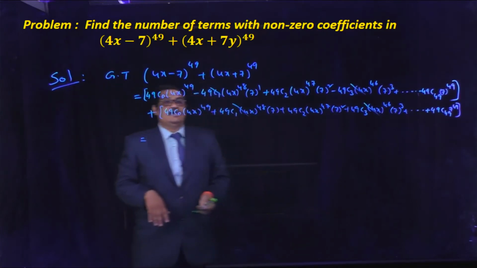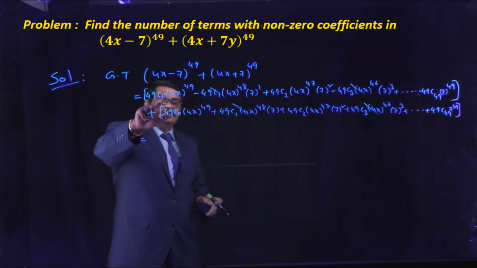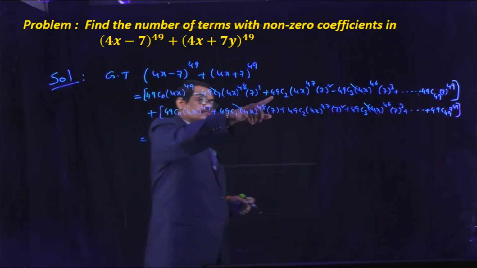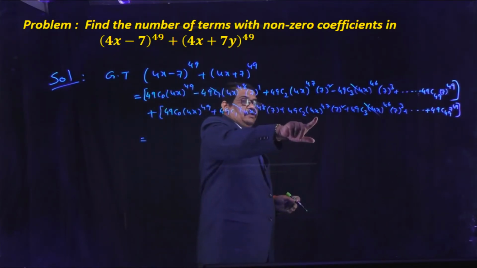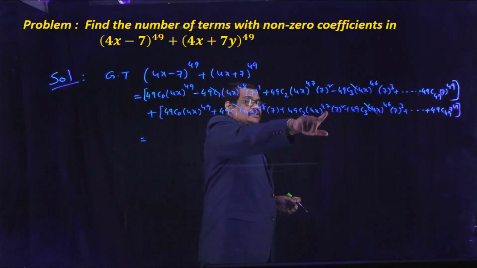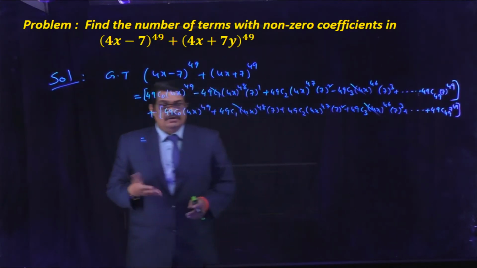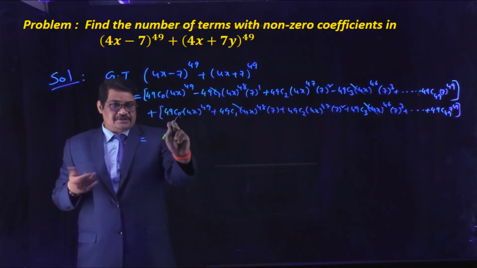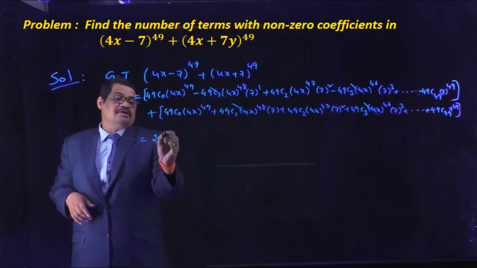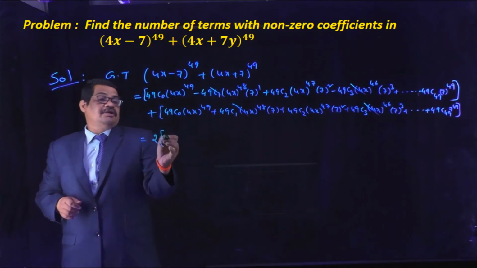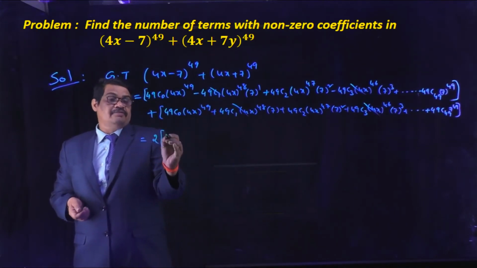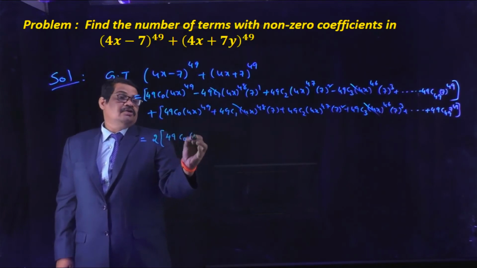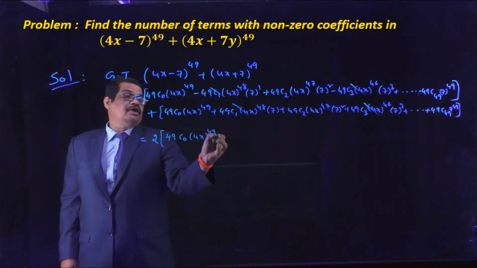So the remaining terms are 49C0, the same terms here, and also 49C2, (4x) whole power 47 into 7 square. These are all the same terms, so each one is doubled. So 2 is common. Then we are getting 2 into 49C0 (4x) whole power 49.